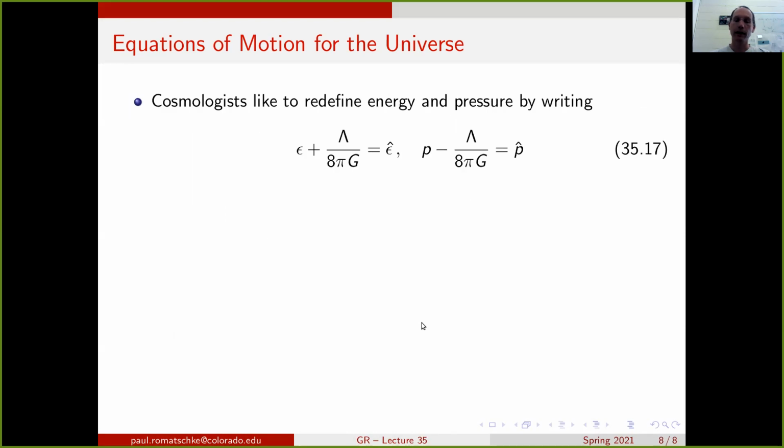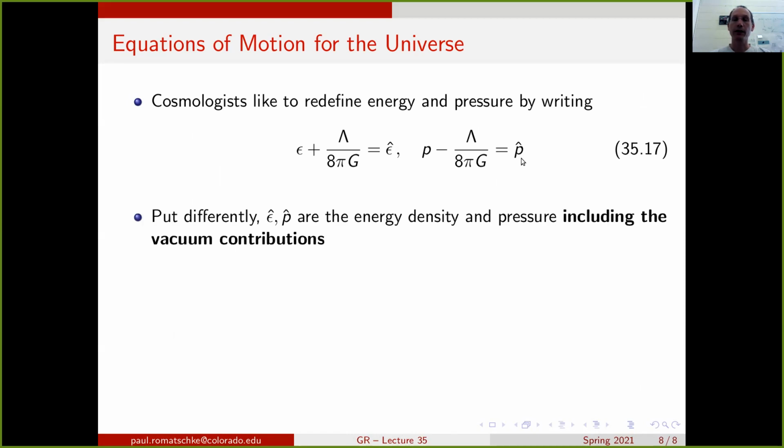And again, just to reiterate, cosmologists like to redefine energy density and pressure by writing the following combinations in terms of new energy density and new pressure. So energy density plus cosmological constant is new energy density. Pressure minus cosmological constant is new pressure.